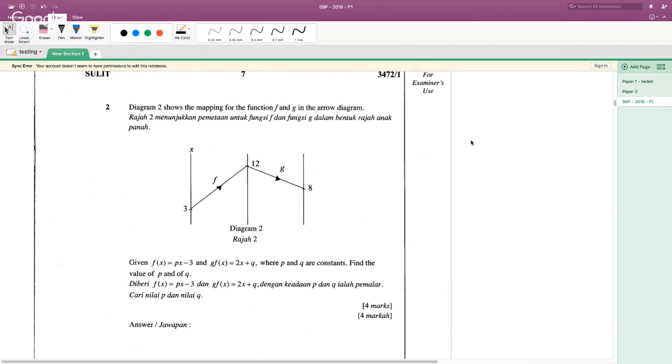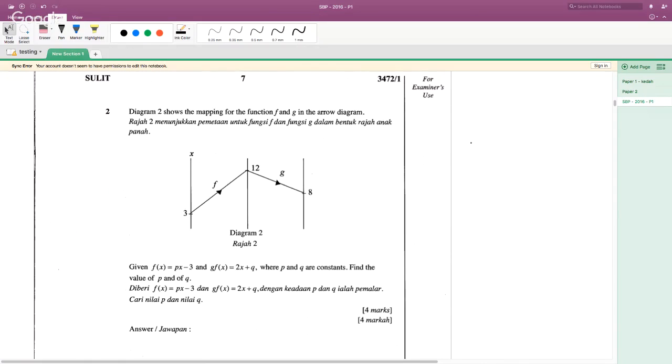Okay, for the second question, it's also a function. f(x) equals px minus 3, and g(f(x)) equals 2x plus q. Find the values of p and q. From the diagram, you need to understand its meaning.